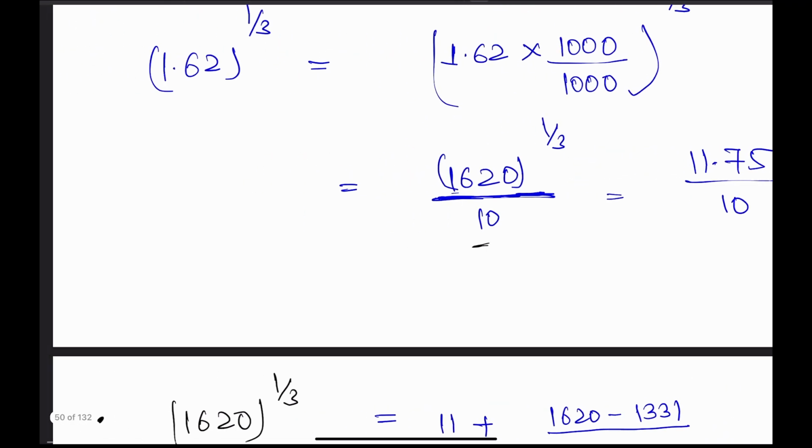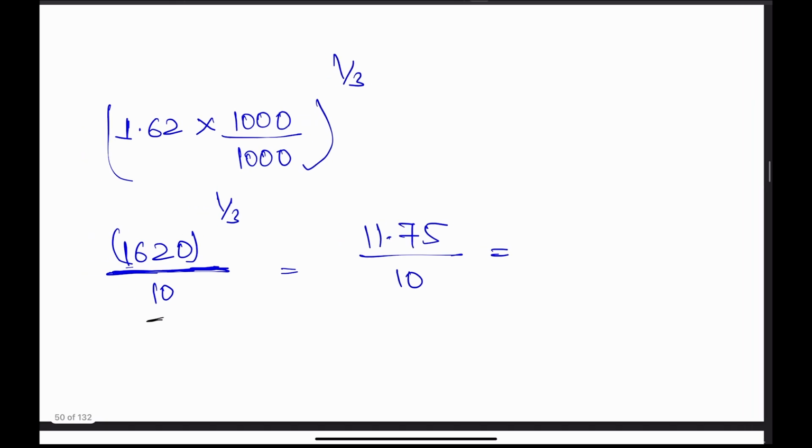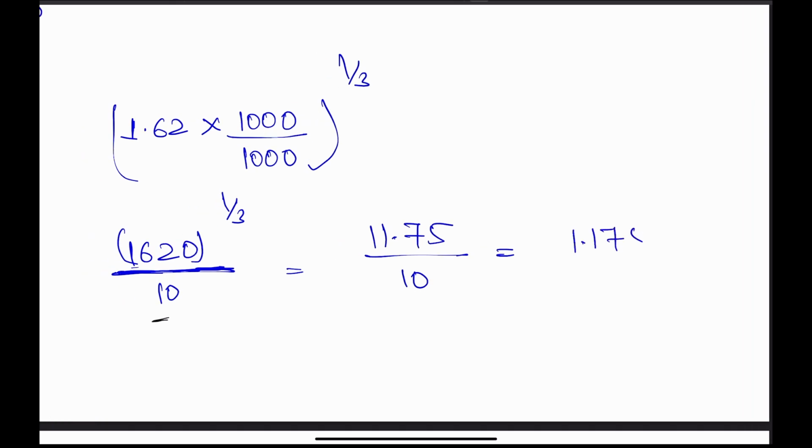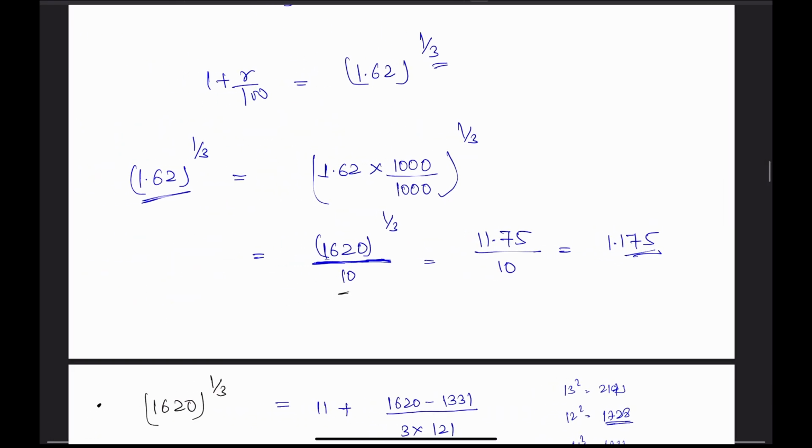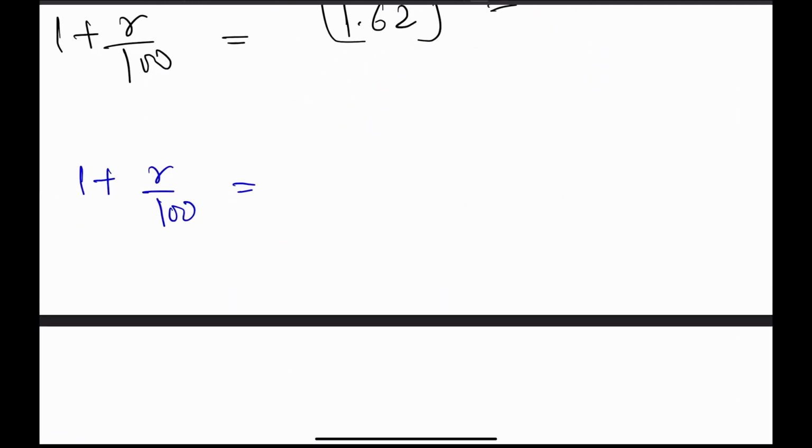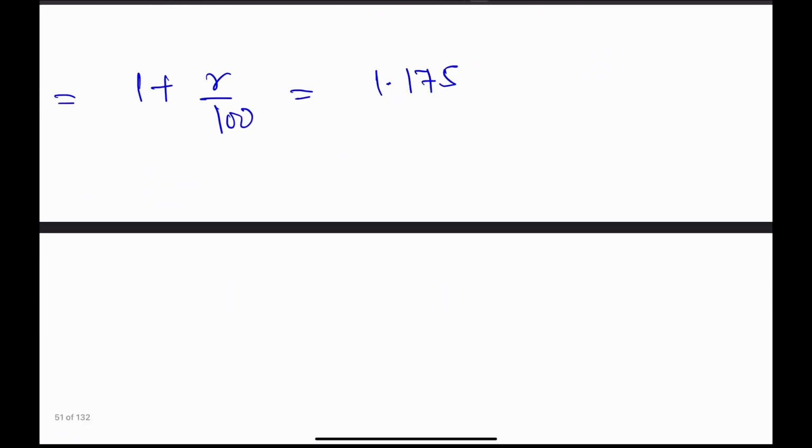Okay, so this value will be 1.175. So this value we will put here, 1.175. 1 gets cancelled, the value of r will be 17.5%. So this is how we are going to solve the questions.